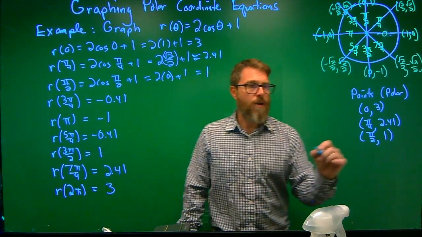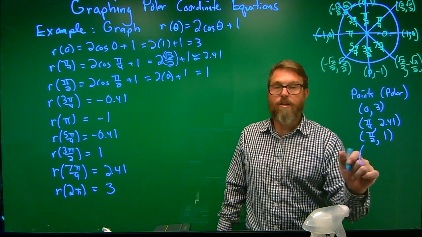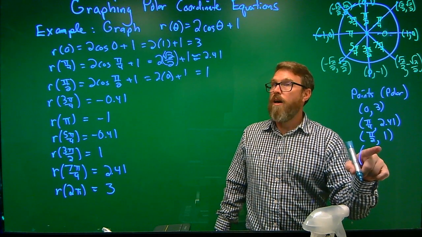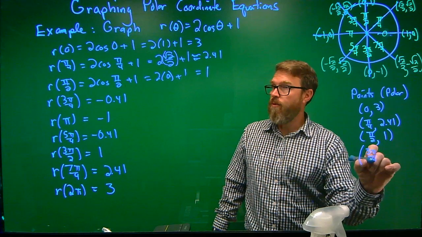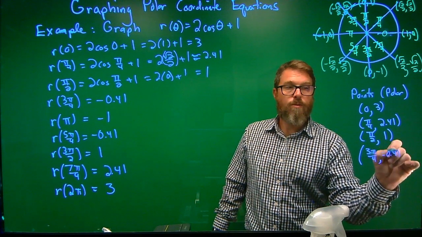So filling out our points here, we have 3 pi over 4, negative 0.41.